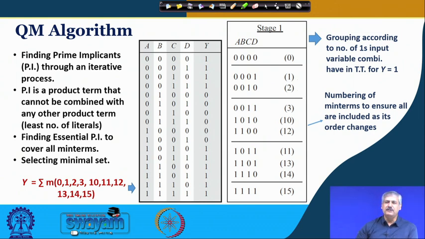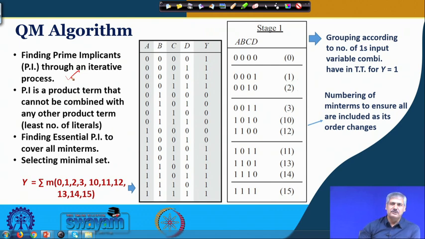So, the important steps of the QM algorithm are: first we shall look at getting the prime implicants. Implicants are the product terms. When we say prime implicants, these are the product terms which cannot be combined with any other product term. So, that means prime implicants have this number of literals for the mean terms they cover.